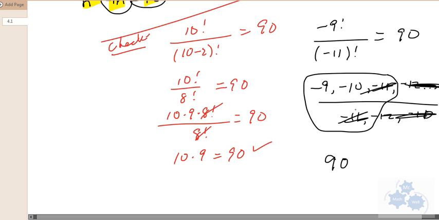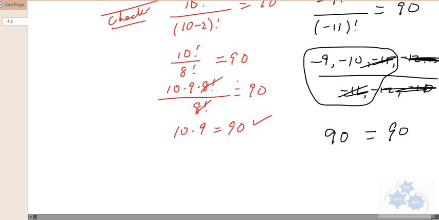Mathematically, that is going to give you a positive 90, but what you have to remember is that when we're doing this factorial, n has to be a natural number, not an integer, sorry. Let me just double check that. Look in your textbook there.